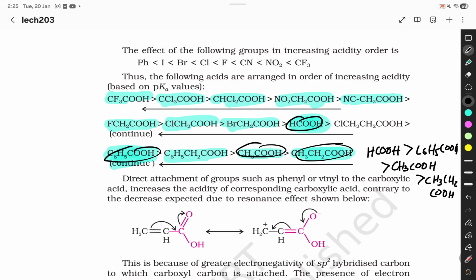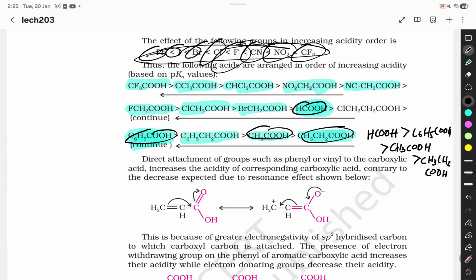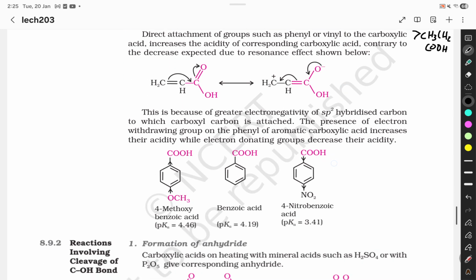That's all we have to remember. These are all just based on your normal order that they've given: CF3, NO2, CN, F, Cl, Br, I, pH. Only this HCOOH, CH3COOH, CH3CH2COOH, that kind of stuff, it is there in NCERT.